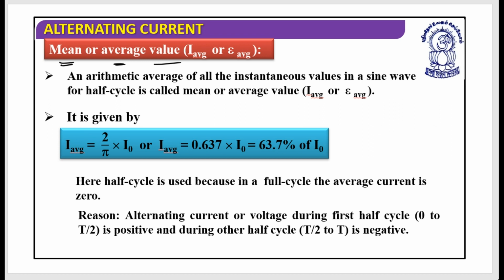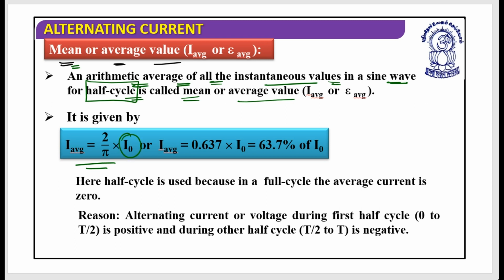Let's first look at what the mean or average value is. We can say that an arithmetic average of all the instantaneous values in a sine wave for half cycle is known as the mean or the average value. First look at this and do remember this. It can be represented as I average equals 2 by pi of I naught.